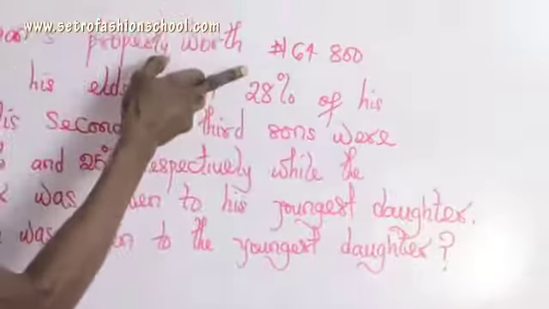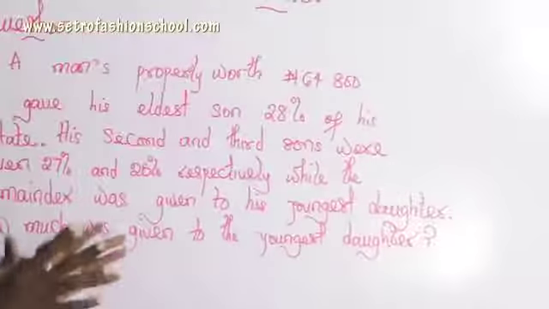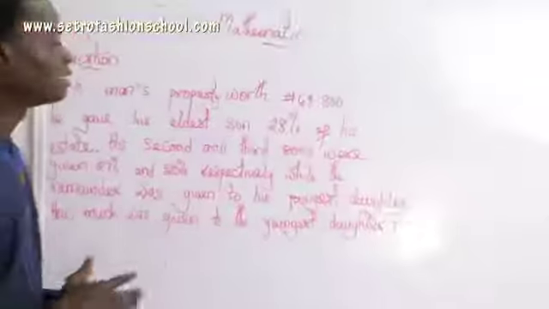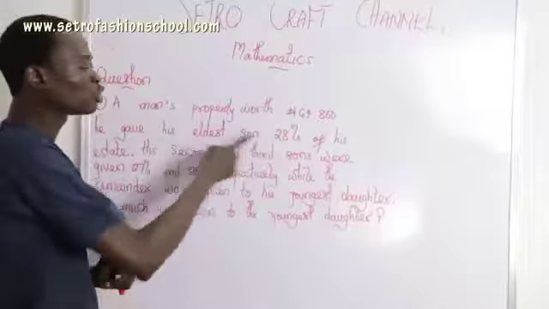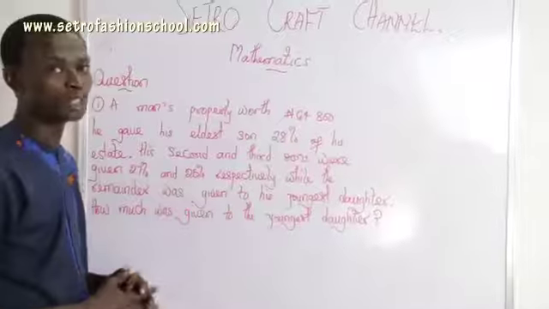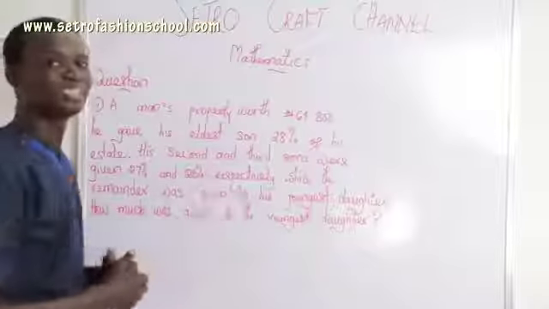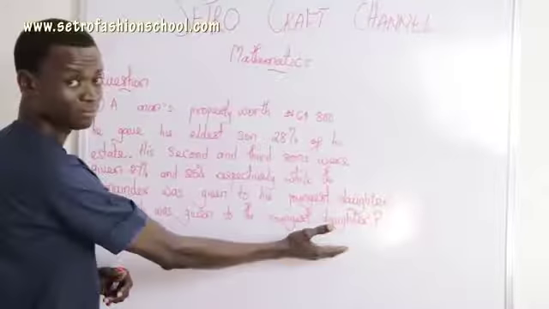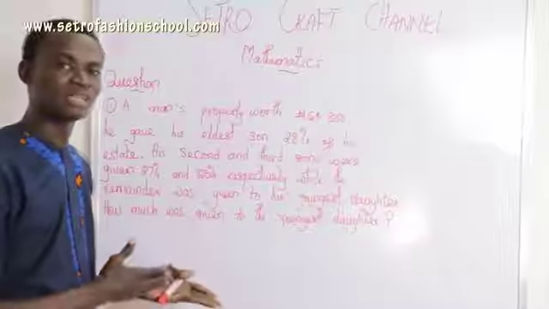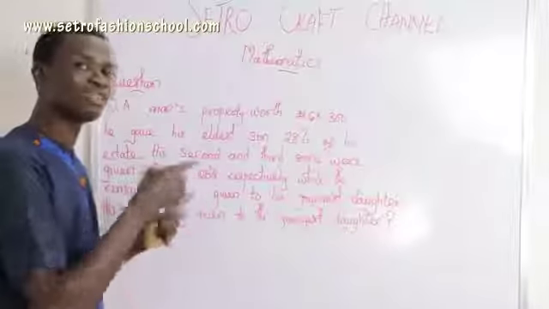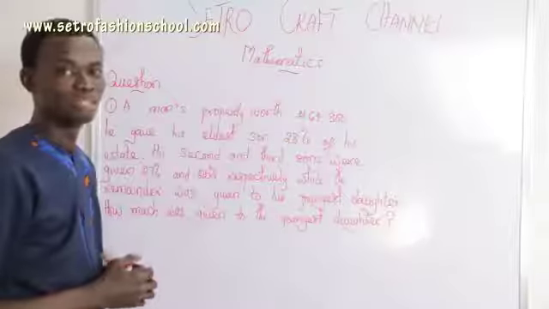First, we add the percentages in this question together. Then we remove the total from the 100%, and that will give us the percentage of the daughter. Then you can use that percentage to multiply the worth value of the man.